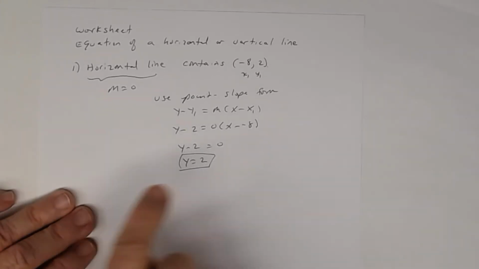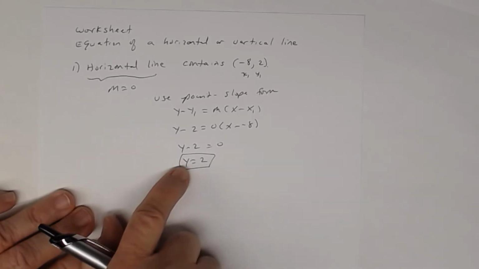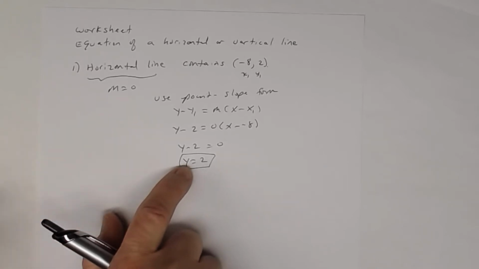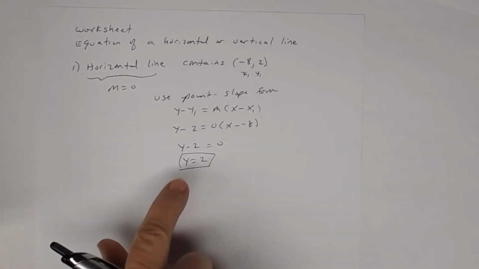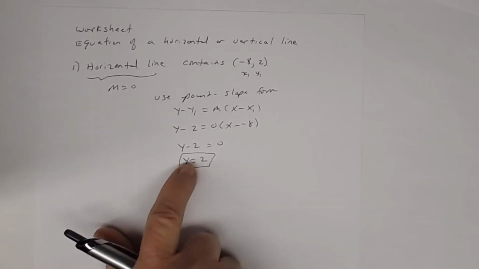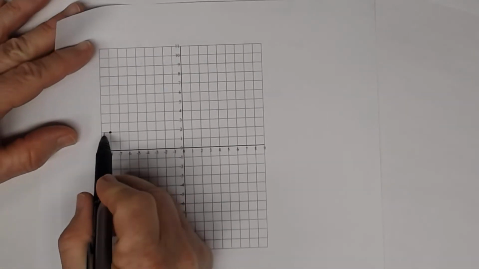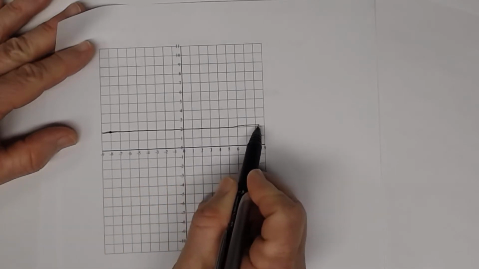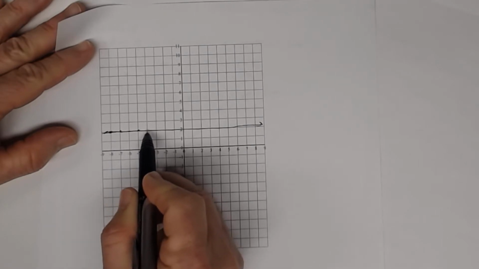You just don't see an x. There's no x term, all you see is y. But it makes sense, doesn't it? Because the equation y equals 2 has this graph. Y equals 2 means that the y coordinate is always 2. If you look at this line right here, all the y coordinates on this line are equal to 2.